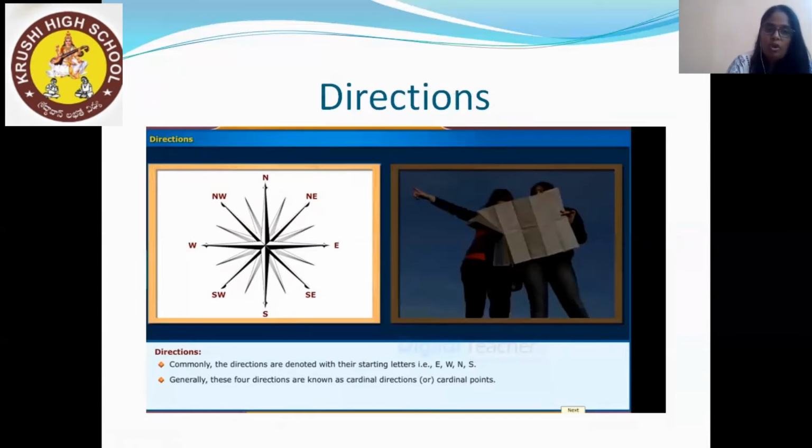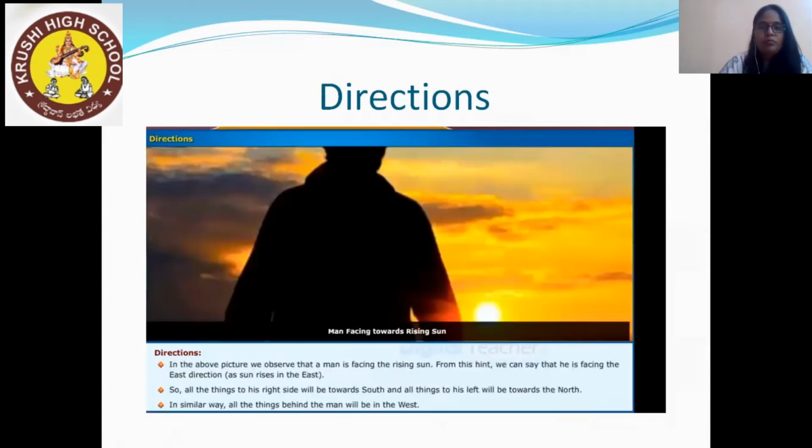Right from your childhood, from your first class onwards, you're learning that there are four directions, isn't it? Those four directions are also called cardinal directions or cardinal points, and they are denoted with their first letter: N for north, S for south, E for east, and W for west, right?